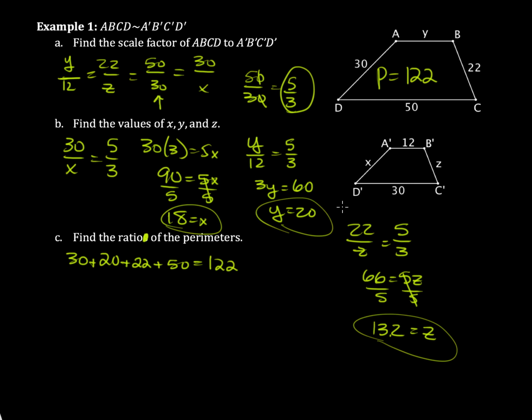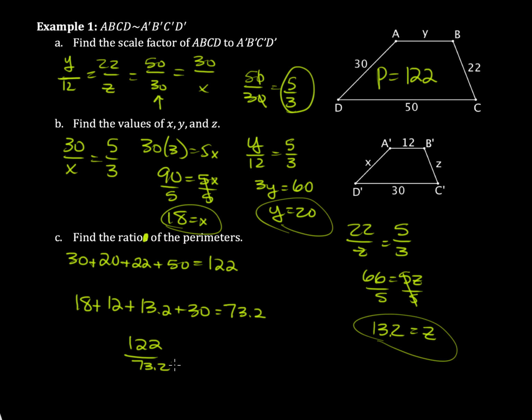My smaller shape is x, which is 18, plus 12, plus z, which is 13.2, plus my 30. That's 30 and 30, that's 60, plus 13.2, that's 73.2. So now I want to make this ratio 122 over 73.2.